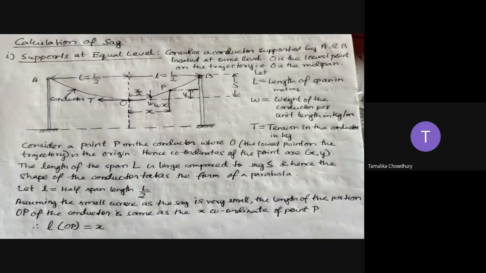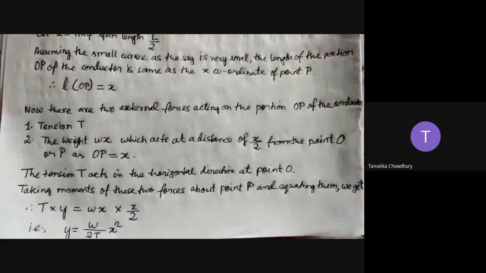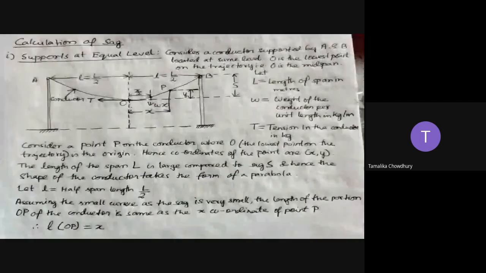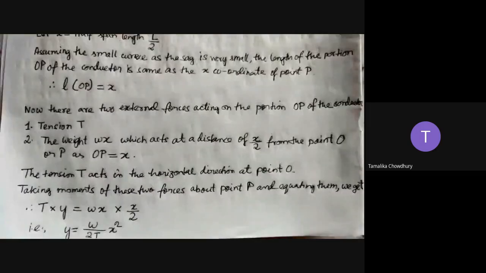Now since small l, O to P, that we are considering, equals x, there are two external forces acting on the portion OP of the conductor: tension T and weight Wx, which acts at a distance of x by 2 from the point O. At that point, x by 2, the weight acts.